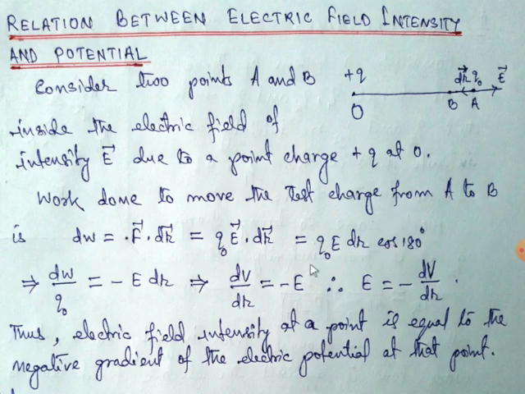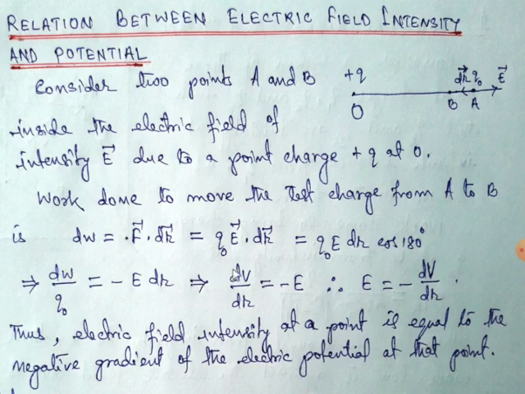Transferring Q naught to the right hand side, dW by Q naught will be equal to minus E dr. This dW by Q naught is actually dV, that small electric potential difference.